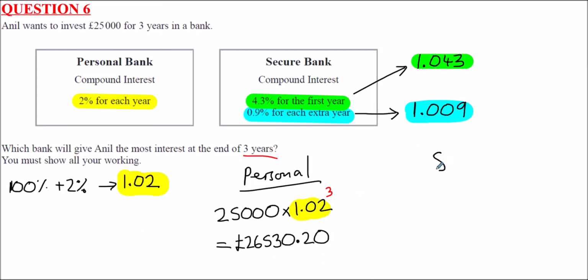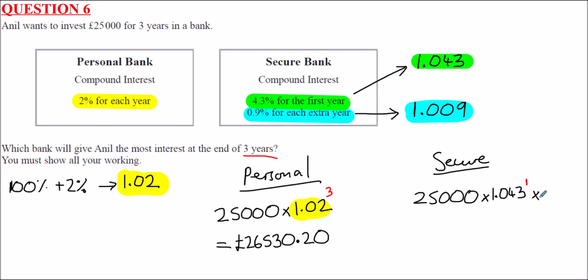Whereas for the secure bank, again, similar procedure. We start with what the initial amount was, £25,000. However, this time, we only get this 4.3% rate for the first year. So we do 1.043 to the power 1, because we only get that rate for 1 year.